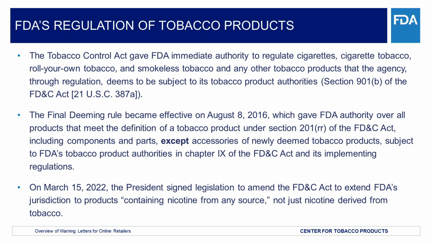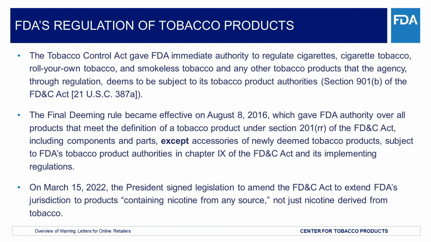The FD&C Act defines tobacco products, in part, as any product made or derived from tobacco or containing nicotine from any source that is intended for human consumption, including any component, part, or accessory of a tobacco product.